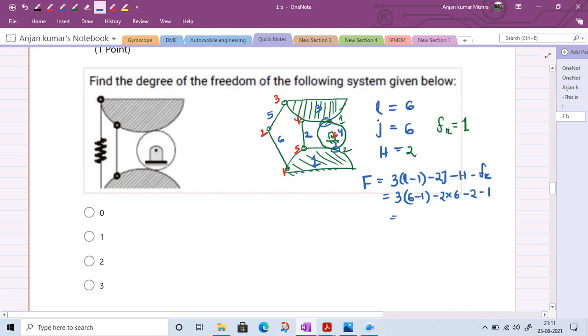So 6 minus 1 is 5, into 3 is 15, minus 12 minus 2 minus 1. 15 minus 12 is 3, minus 2 is 1, 1 minus 1 is equal to 0. So 0 means it is a structure. So 0 will be the correct answer, option 1 is correct here.